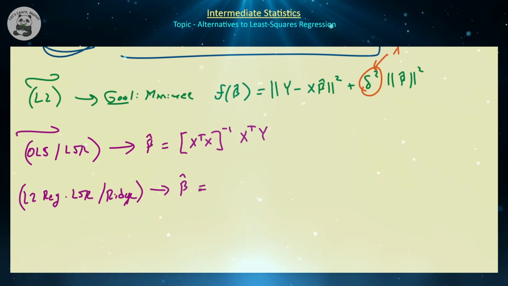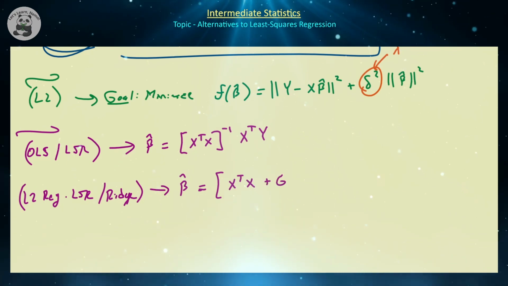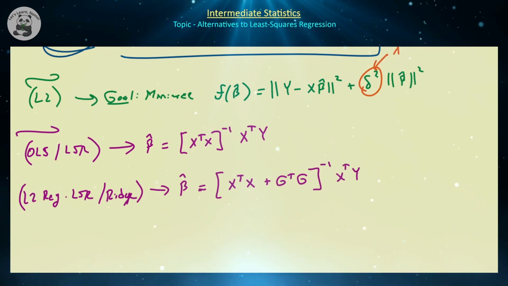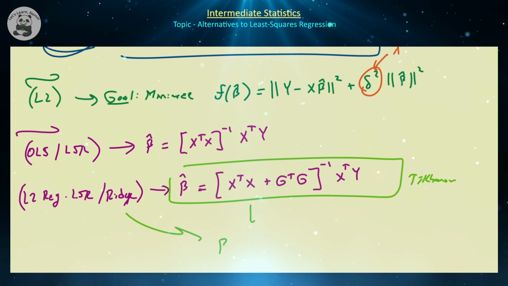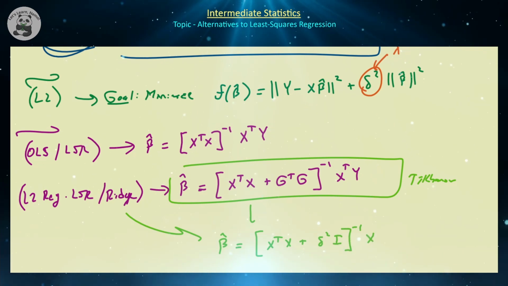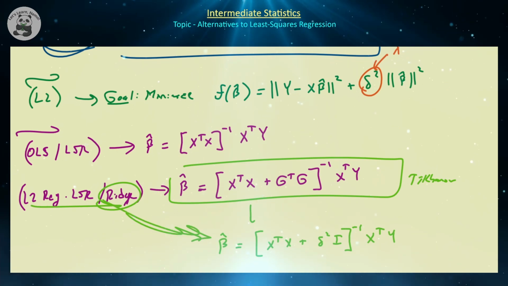So the ridge regression approach will solve this into X transpose X plus G transpose G inverse times X transpose y. So that's the generalized Tikhonov, and that of course turns into beta hat is equal to X transpose X plus delta squared I inverse X transpose y. So that's for the ridge approach, right?